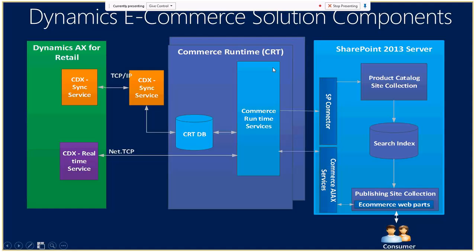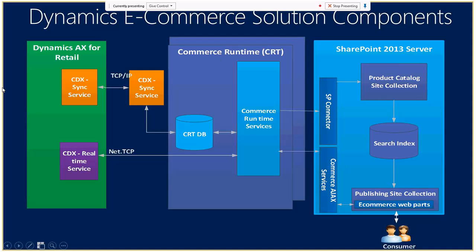So the commerce runtime services is basically the pricing, shipping, quantity, availability, and the like. These are the set of DLLs that are within the SharePoint 2013 server. The fourth component of the e-commerce system is the SharePoint 2013 server. The SharePoint 2013 server consists of the product catalog site collection, which hosts the interim data of the product catalog.